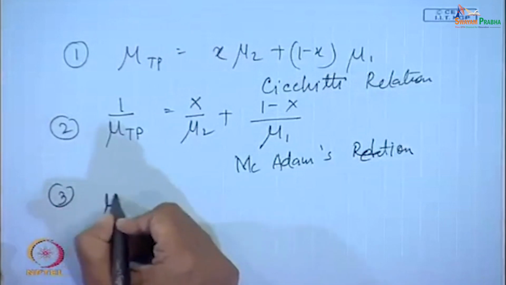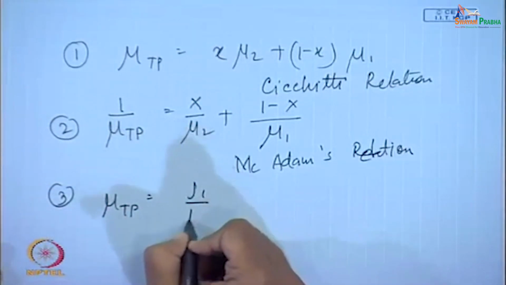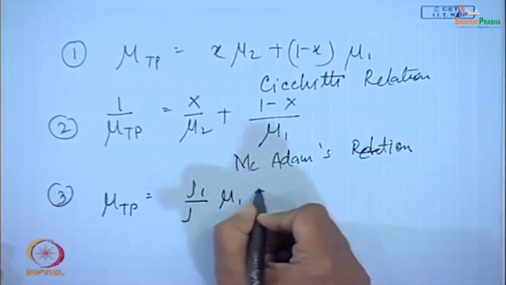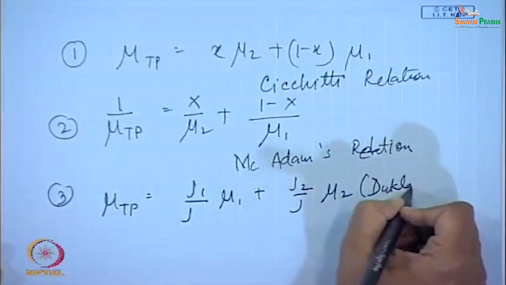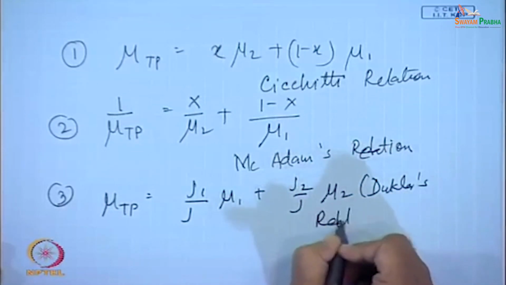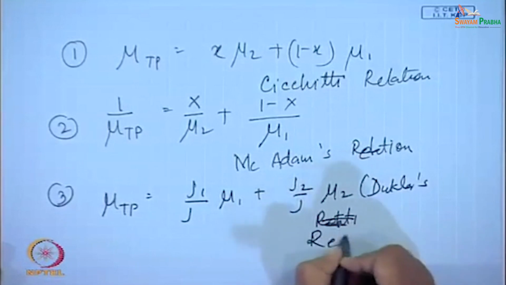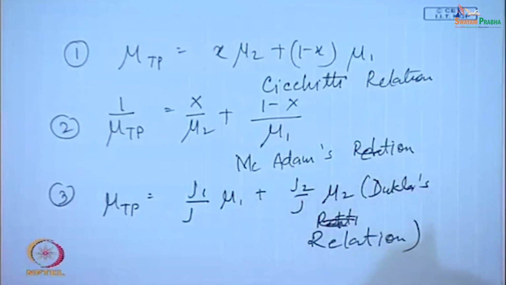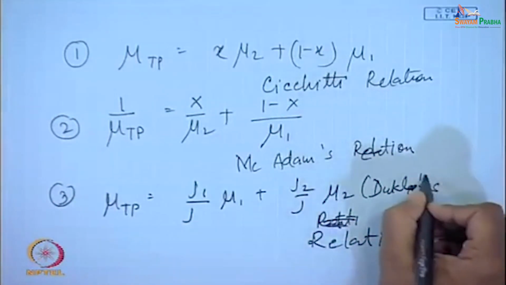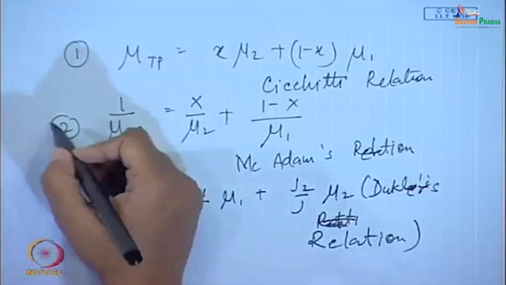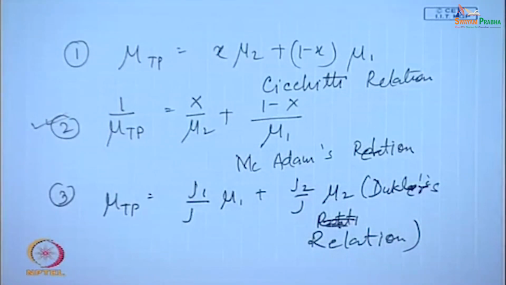And the third one expresses mu TP in terms of volumetric fluxes, which is known as the Douglas relation. These are the relationships usually used. Out of these, if nothing is mentioned in your tests, or when you have to analyze some two phase flow under homogeneous flow, it is safest to use the McAdams relationship.